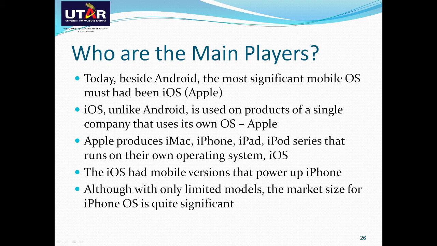Today, besides Android, the next most significant mobile OS is iOS. iOS, unlike Android, is using this operating system only in their own family line of products that are produced by Apple. This is very different compared to Android's idea, which is an open operating system that can be used by various manufacturers to produce their own mobile devices.